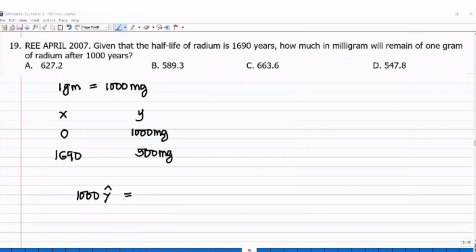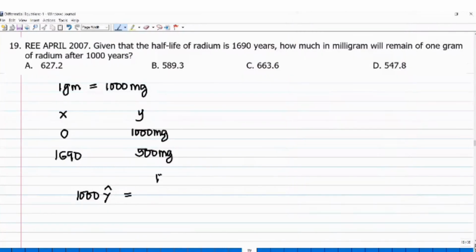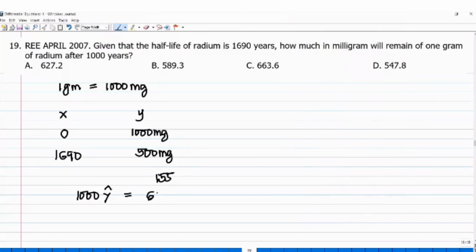So shift 1, 5, 5. So 1,000 shift 155, equals 663.6 milligrams. So letter C ang sagot ng number 19.